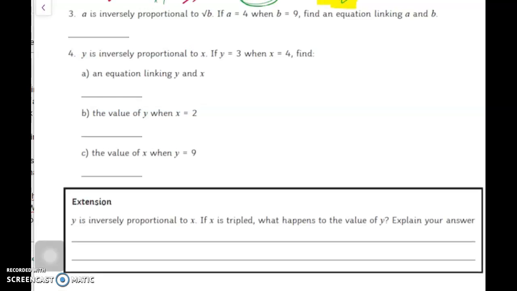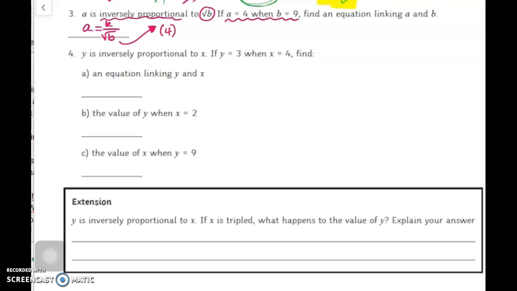Okay, so we're told that A is inversely proportional to the square root of the second variable. So we first write down our equation. A is equal to k over root b. We are also told that A is 4 when B is 9. So we can substitute those in.